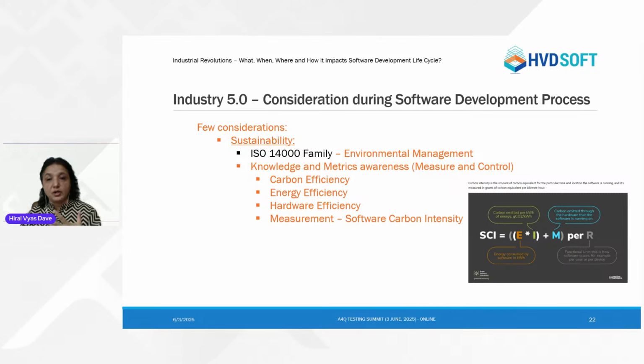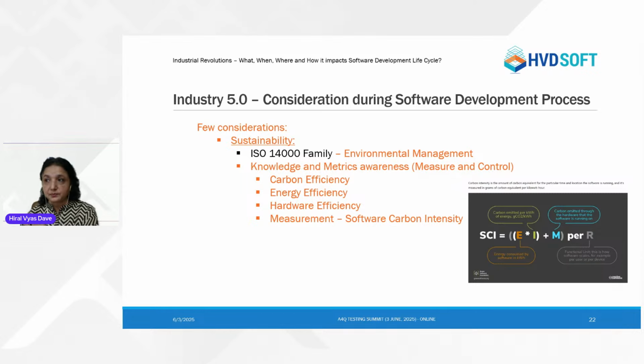So one should know what carbon efficiency is. It's not only about having data centers. We just say green software, green data centers. What does that mean? That knowledge will come when we go through all these metrics and do some study about them. So as far as sustainability is concerned, knowledge and metrics awareness would be very, very important for us.